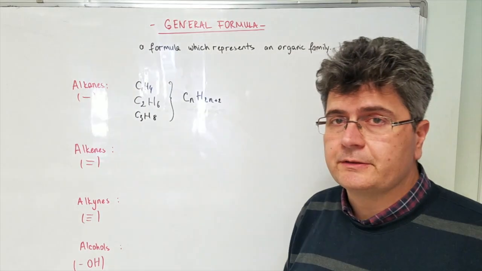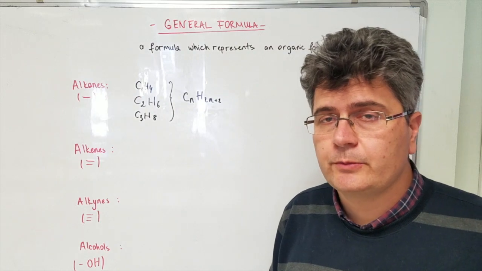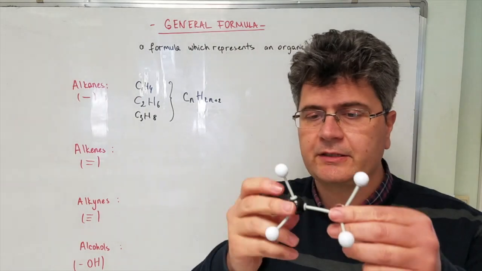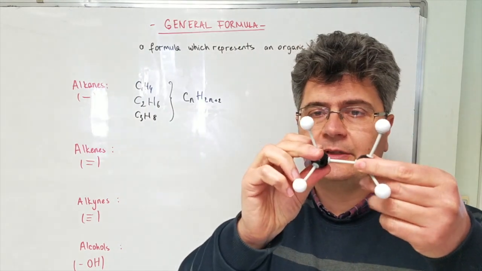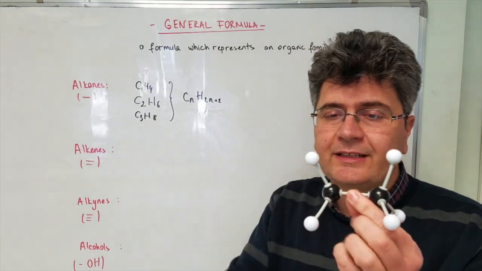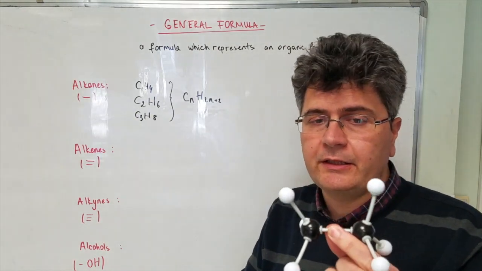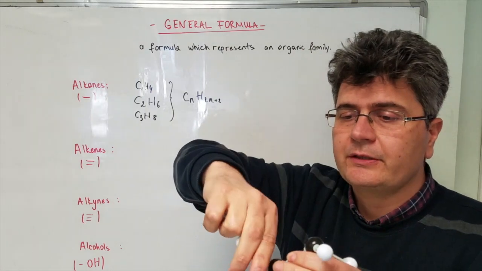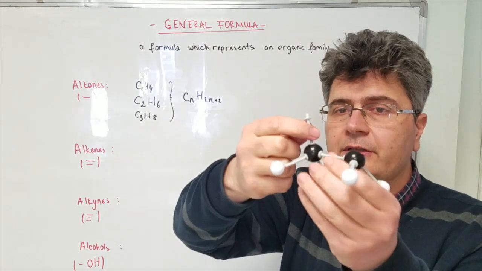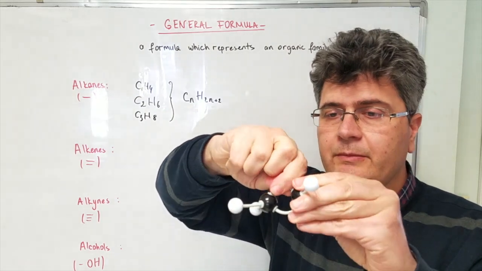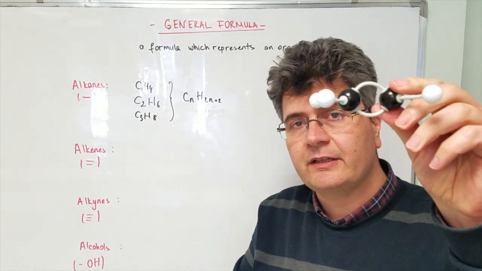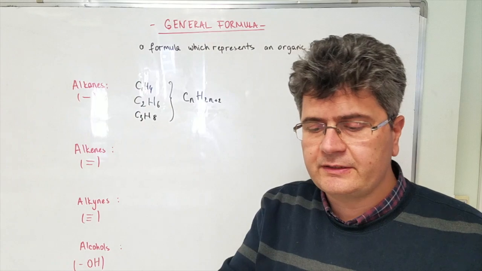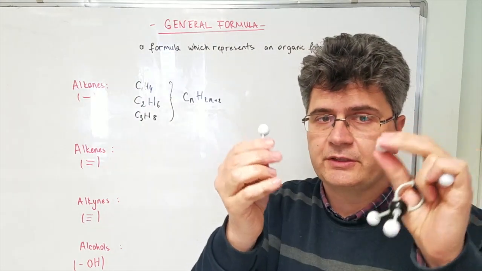What about alkenes? To find the general formula of alkenes, let's have a look at the alkane. This is my alkane, C2H6. In order to get an alkene from an alkane, what you need to do is to remove one hydrogen from here and one hydrogen from here, and you connect them like this. Now I have an alkene. What I did was I removed two hydrogen atoms.